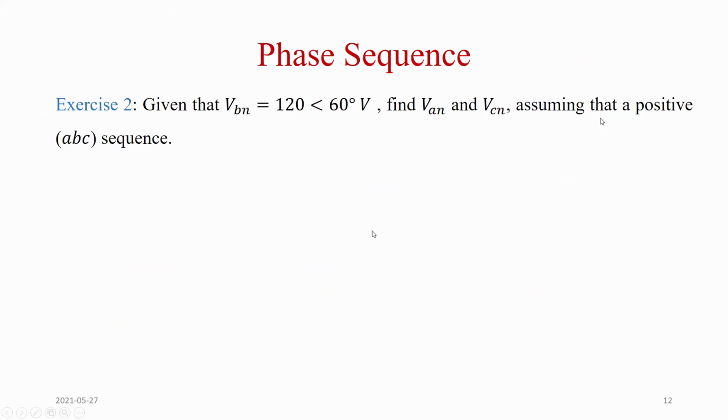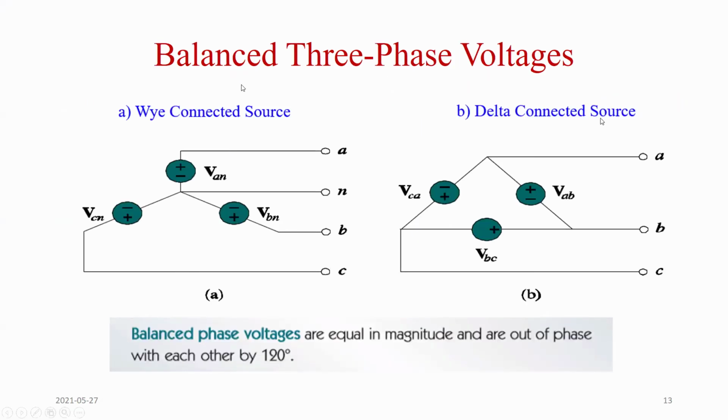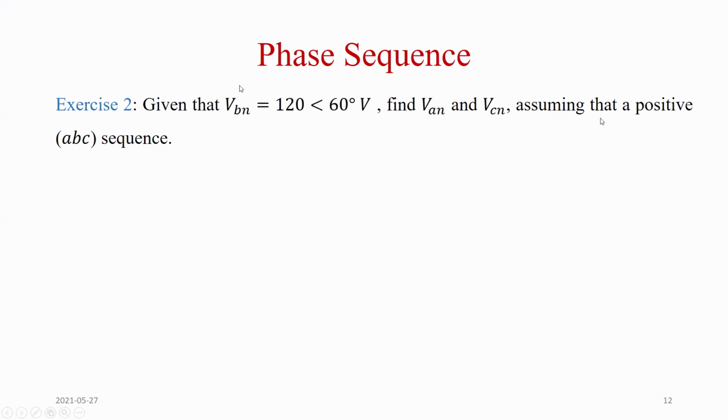Here's another question. We will stop here, okay? Exercise 2. Here, they give you the phase A, phase B, sorry. So you have three things. They say positive sequence. What does that mean?